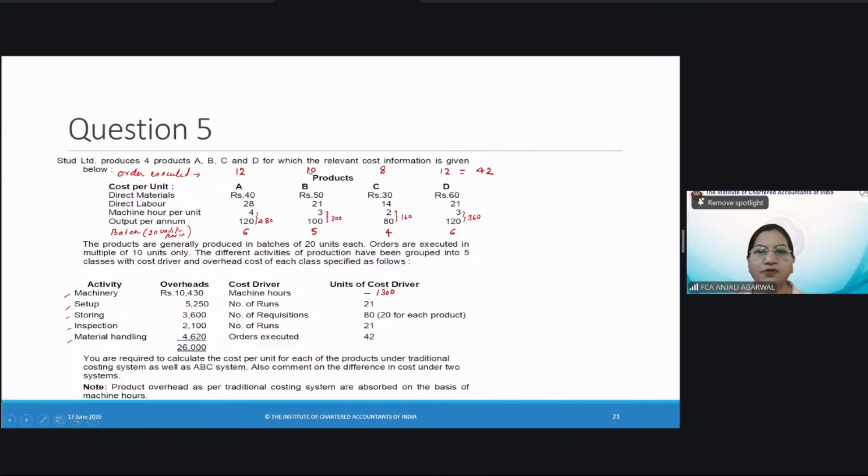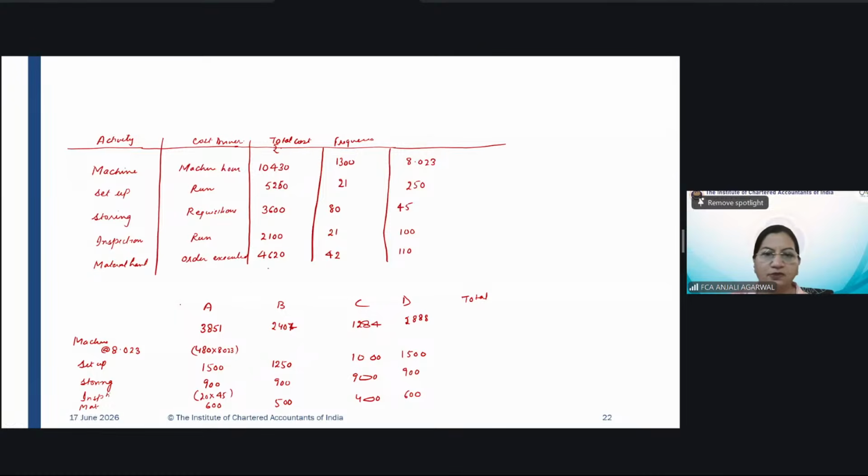And 42 would be like batch orders executed 12, 10, 8, 12. So 12 into 110, 1320. 10 into 110 would be 1100, and 8 would be 880.